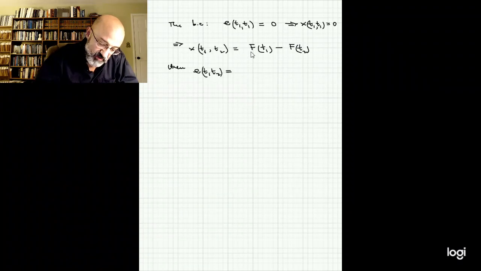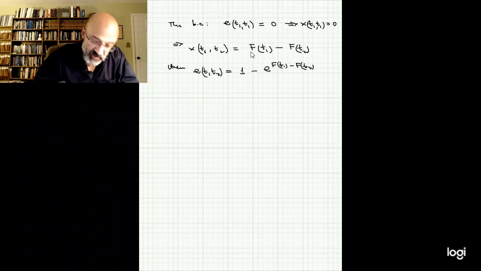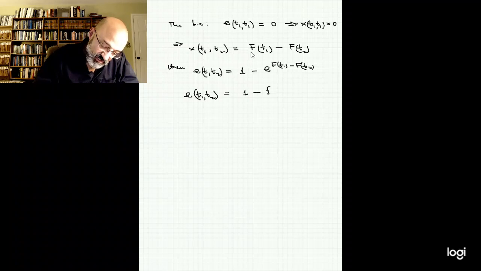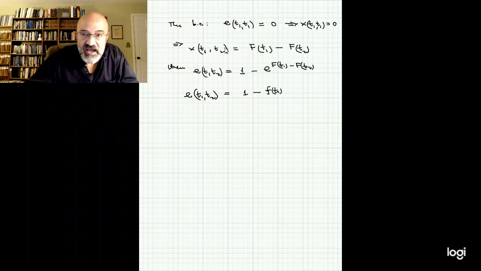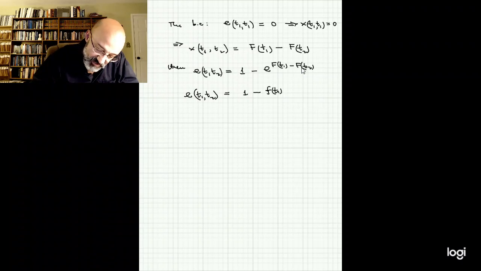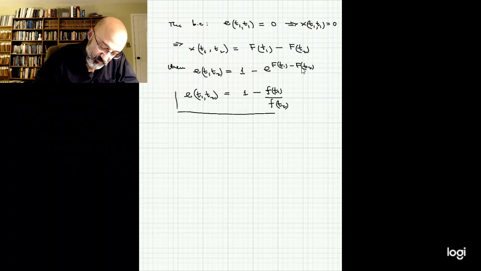So this is going to be 1 minus E to the f t1 minus f t2, which we can write as 1 minus E to the big F, let's call that little f, and E to the minus big F, that's going to be 1 over little f. We're done.